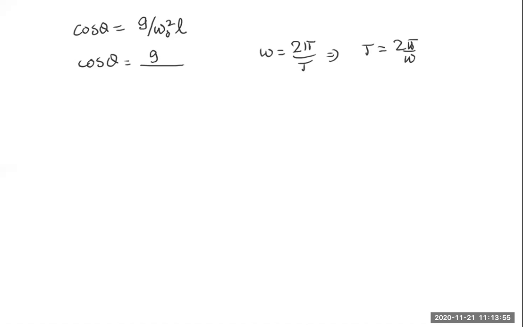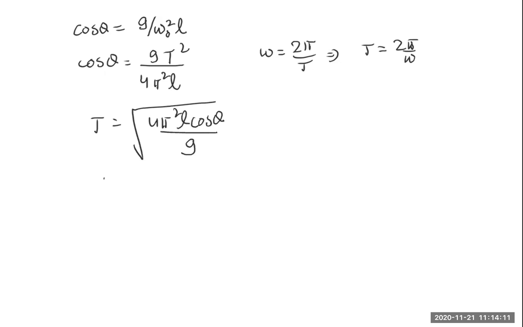So g upon 4 pi square L T square. So T is equal to 4 pi square L cosine theta divided by g. Therefore T must be this. So T must be equal to 2 pi root of L cosine theta by g. Cosine theta is 30 degrees, so this should be equal to 2 pi root 3L by 2g.